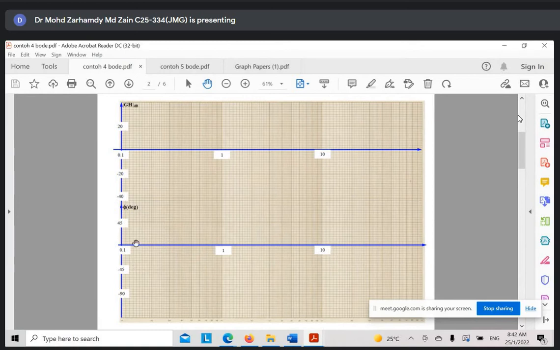Phase. Okay. In terms of the gain value, 1 cm or 1 unit you can use as 20. So unit gain 20. You also can use 40. You also can use 60. But for the basic, we just assume 20.